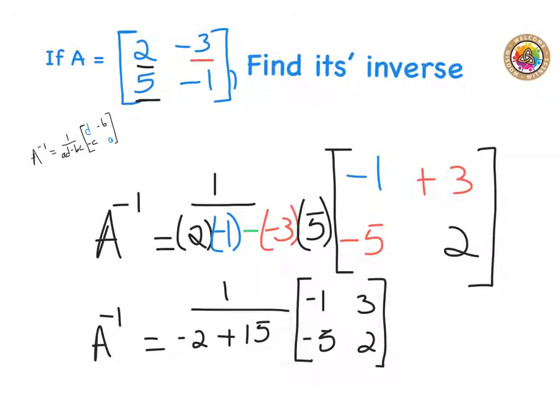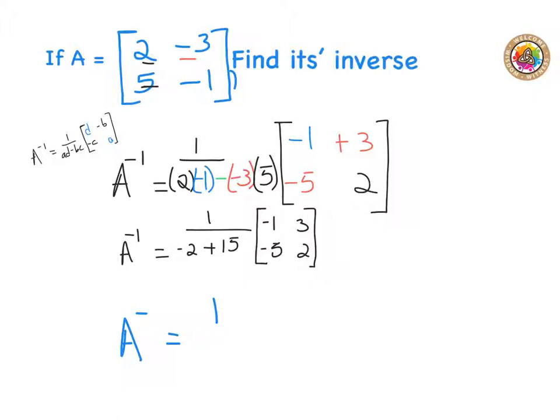So that's my matrix. We can see minus 2 plus 15 gives me 13. So here I'm going to have 1 over 13, that's my determinant, 1 over the determinant, and I have minus 1, 3, minus 5, and 2 inside my matrix. Just tidying it up is just multiplying in that 1 over 13.